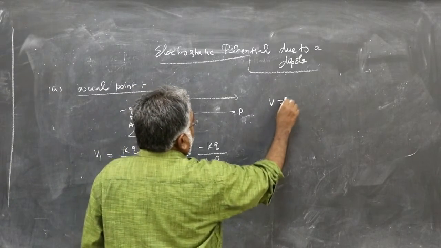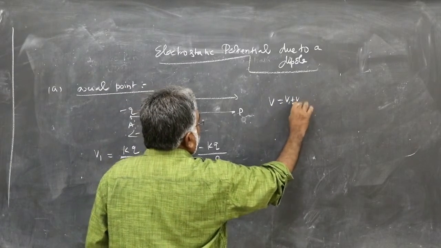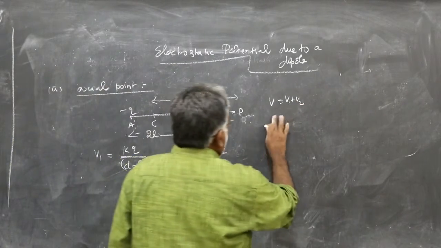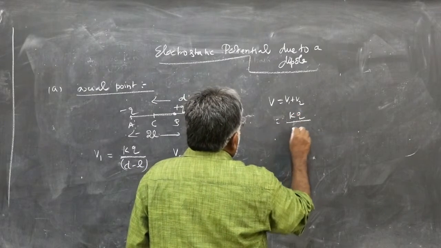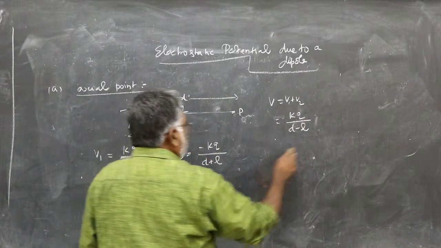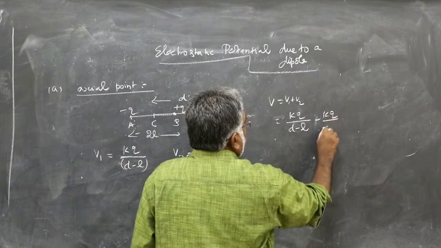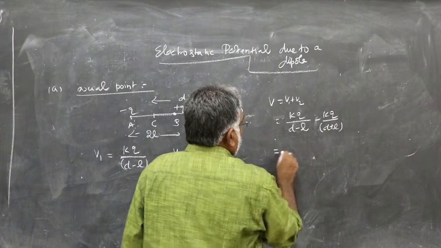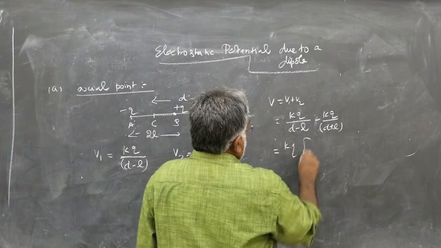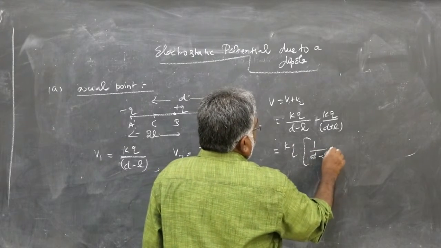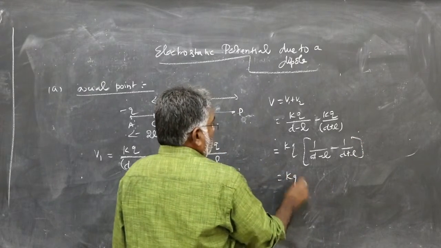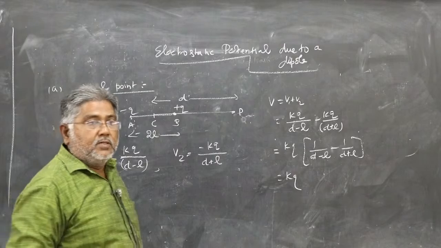Therefore, the net potential V will be equal to V1 plus V2: kq by d minus L, plus V2, which itself is minus kq by d plus L. Simplify. kq times 1 by d minus L minus 1 by d plus L. Note that k is 1 by 4 pi epsilon naught.